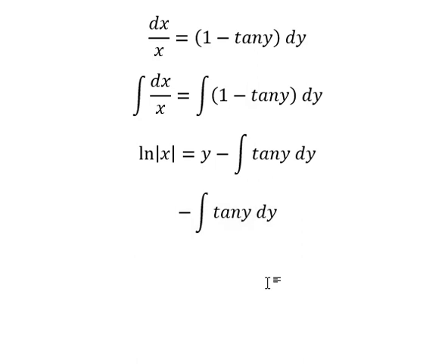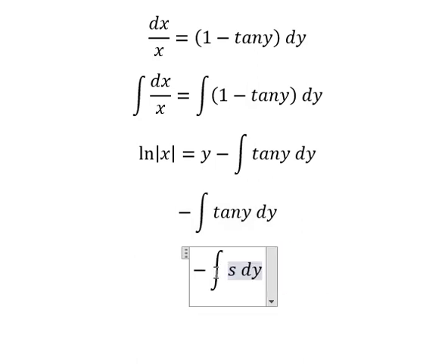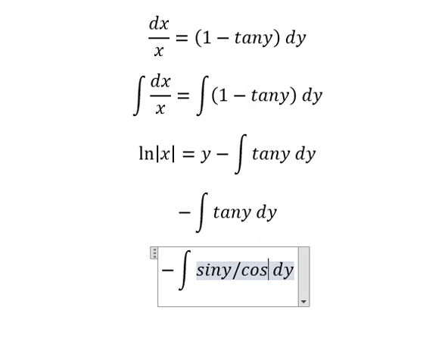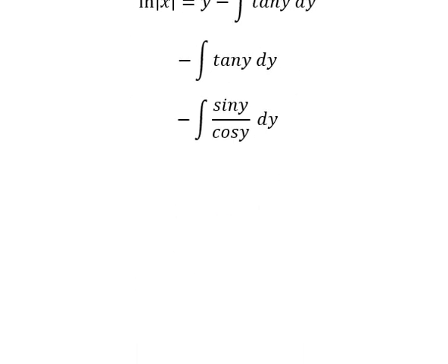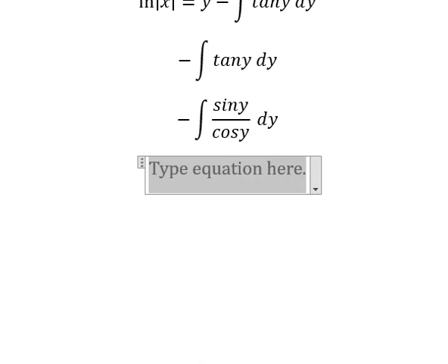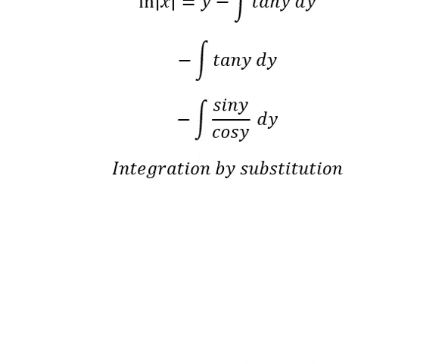So we know that tan y is sine y over cosine y. So we need to use integration by substitution. So I will put u equals cosine y.